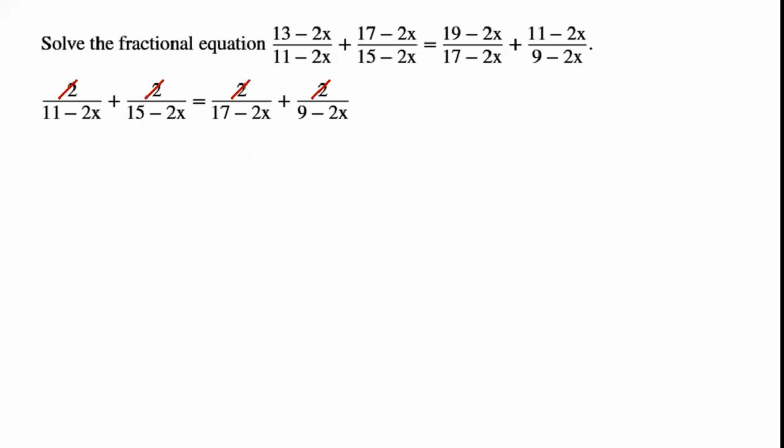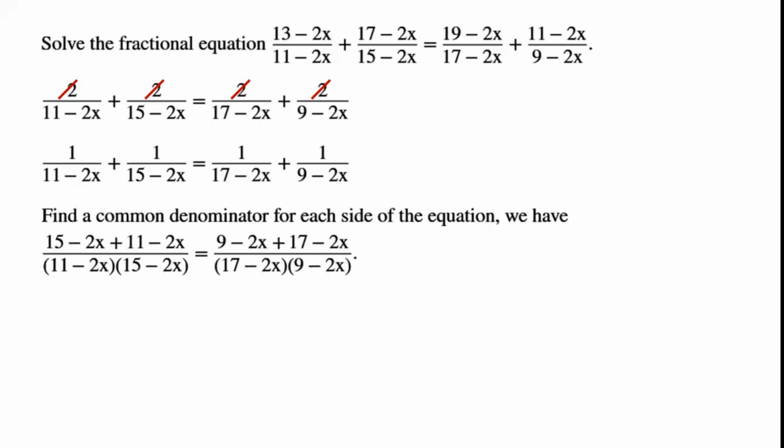We can divide both sides of the equation by 2. So we can now write 1 over (11 - 2x) plus 1 over (15 - 2x) equals 1 over (17 - 2x) plus 1 over (9 - 2x).